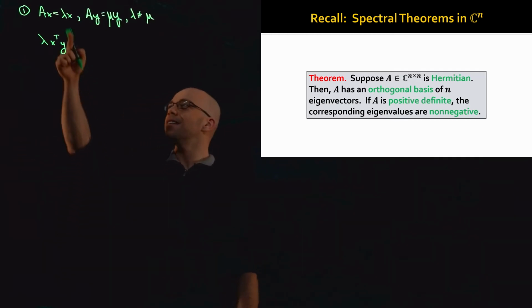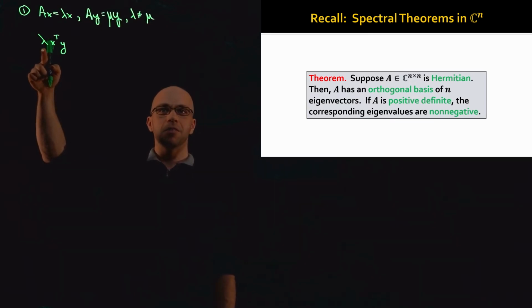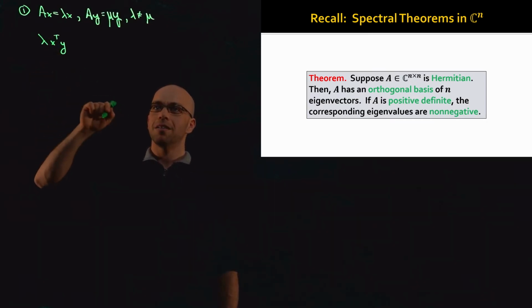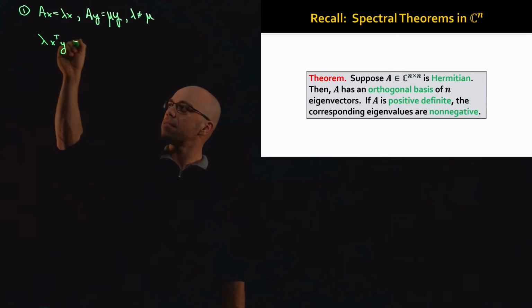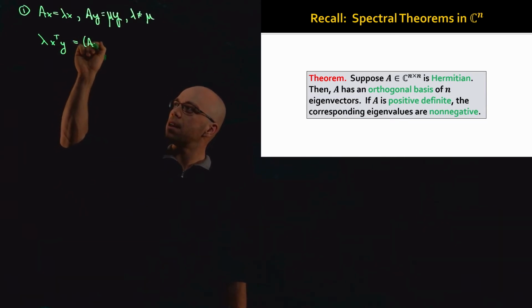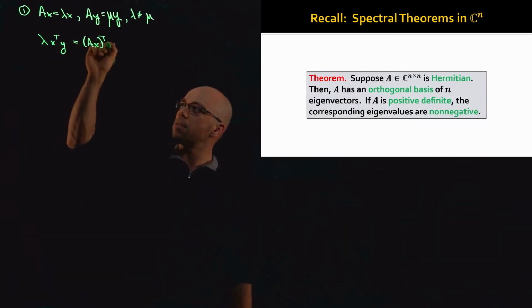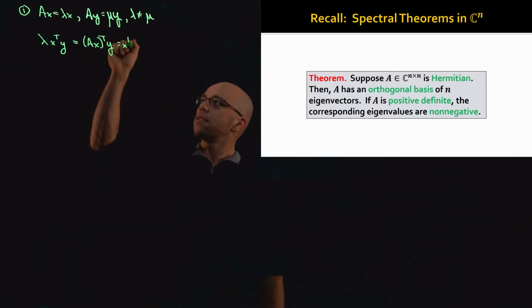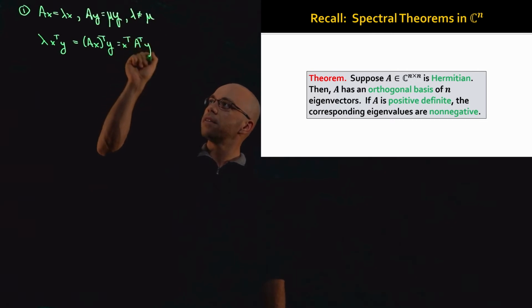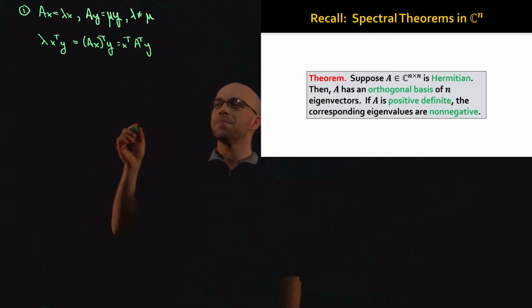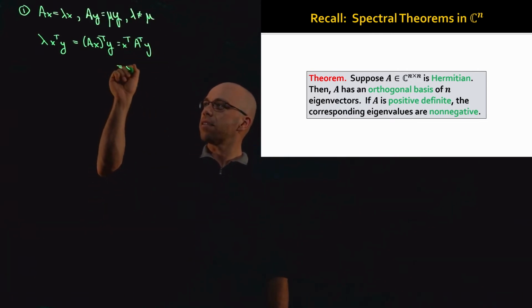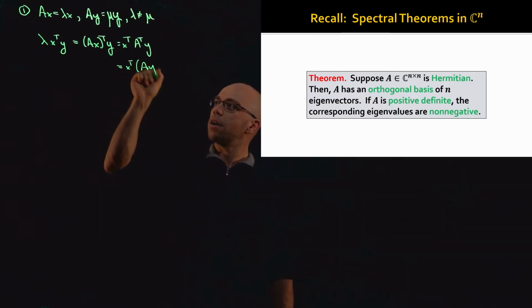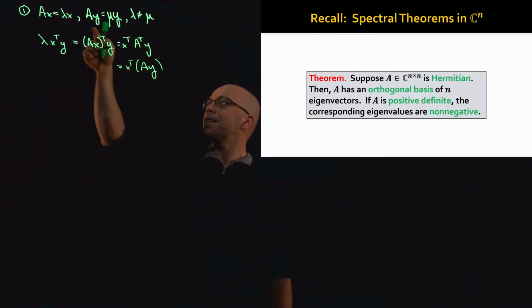Okay, so in any event, let's start here. So we have lambda x transpose y. Well, we know Ax equals lambda x, so this is the same as (Ax) transpose y, which is the same as x transpose A transpose y just by linear algebra. A is symmetric, so this is x transpose Ay, but Ay is equal to mu y, right?